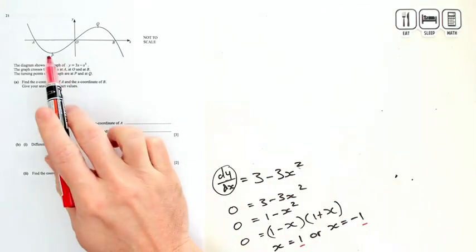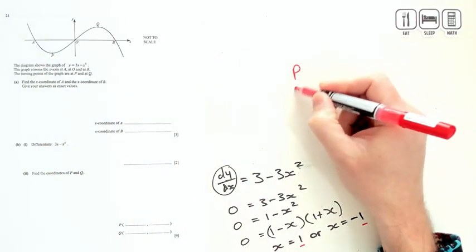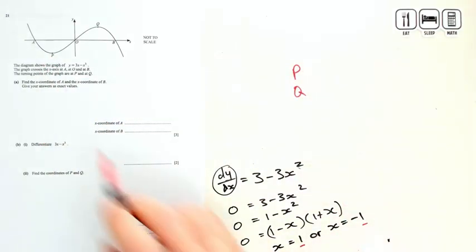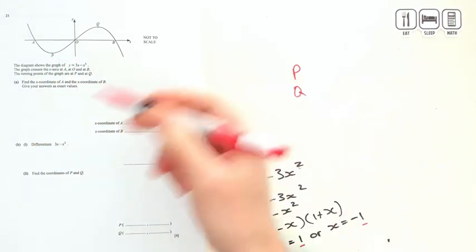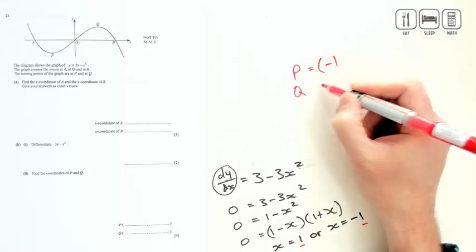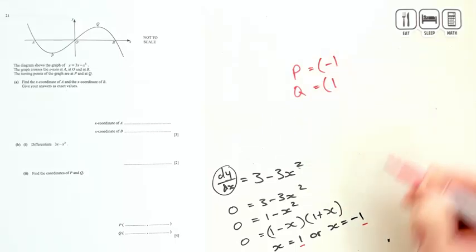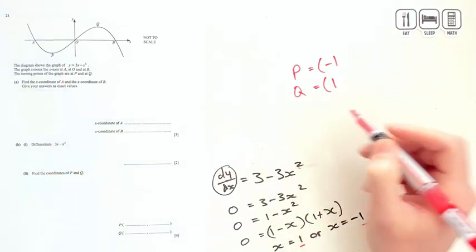So in that curve, I know the x value for P is going to be negative 1 because it's obviously on that side of the origin. So that's going to be negative 1 something. And for Q, it's going to be 1 something. And to get the something, I just have to put it back into my original function.